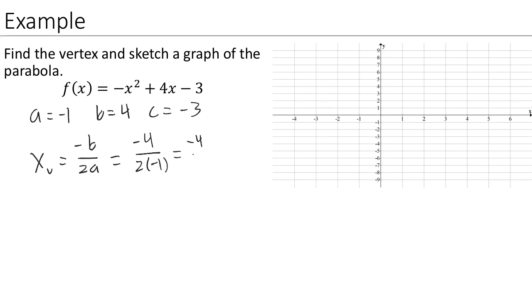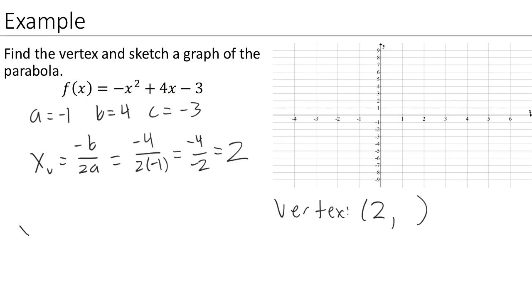That's negative 4 divided by negative 2, which is positive 2. So we know that the coordinates of our vertex are going to be 2 comma something, and we need to figure out that y-coordinate. Well, since we know the x-coordinate, it's a matter of simply plugging in that value for x to the function and see what we get.